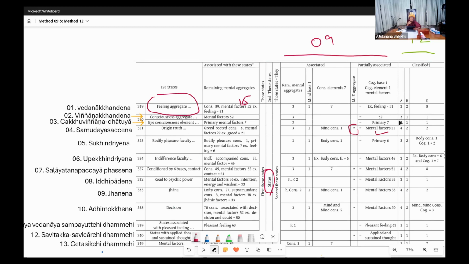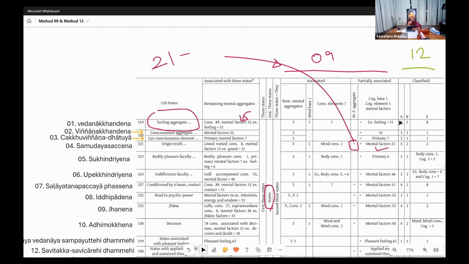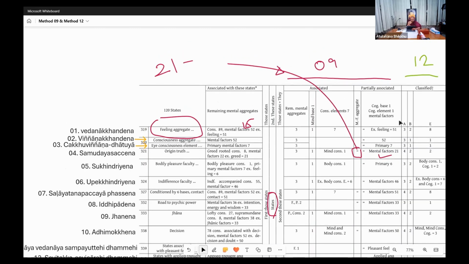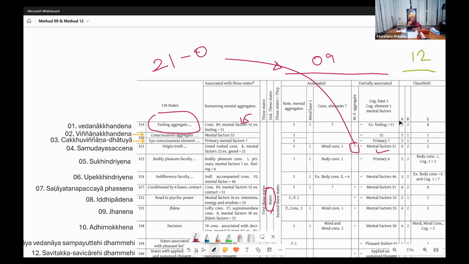But for the mental formation aggregate, we'll do a small working to get this answer. From these 21 mental factors, we have to deduct one for the feeling aggregate, and one for the perception aggregate, the Sanya Khandha.